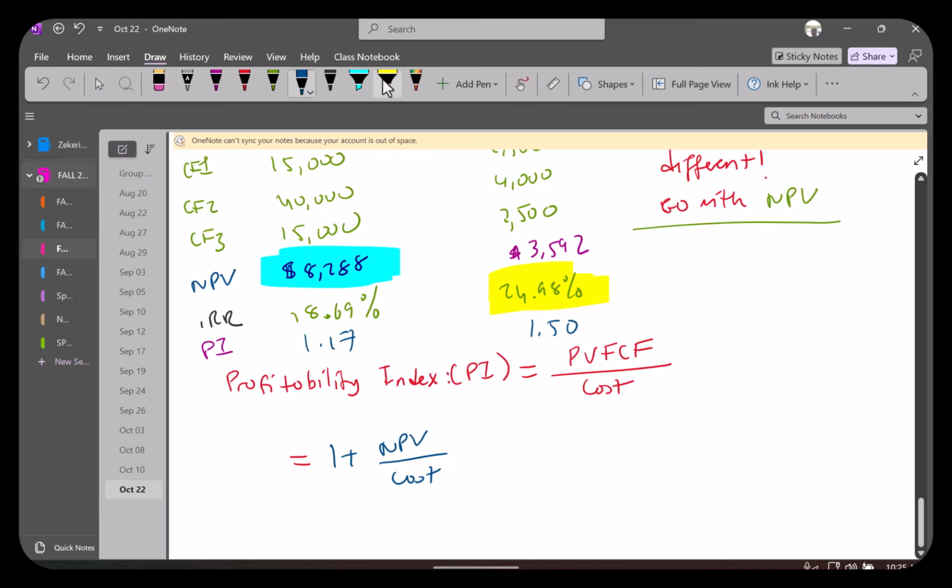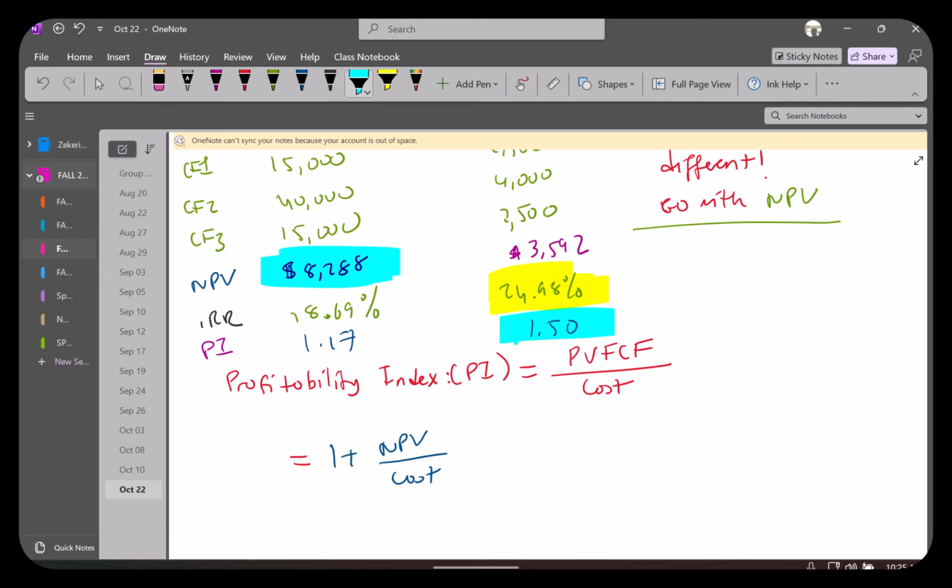Of course, I would pick the second project again. Why? Because it has a higher profitability index. Well, if that's the case, I'm going to pick that one. But again, even though you make a lot more money per dollar, you're making that money for a small amount of investment.